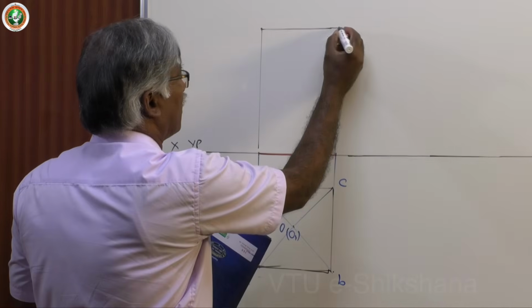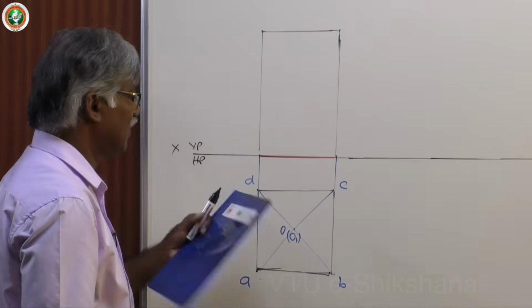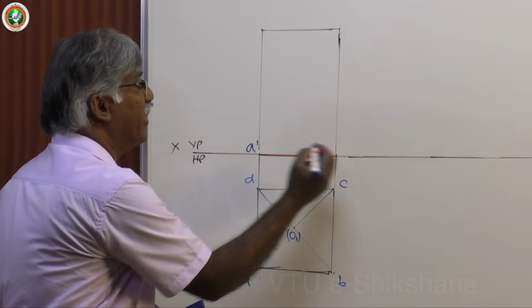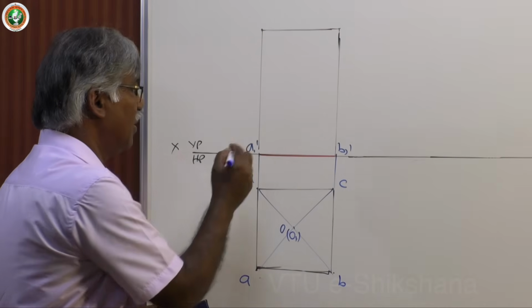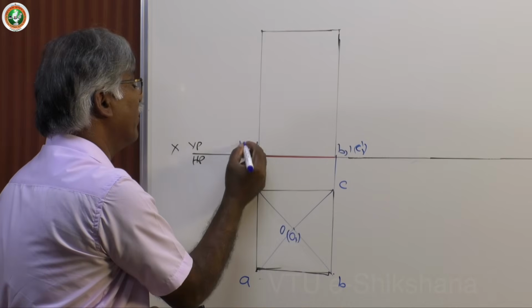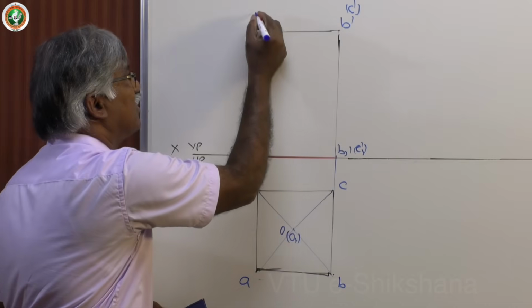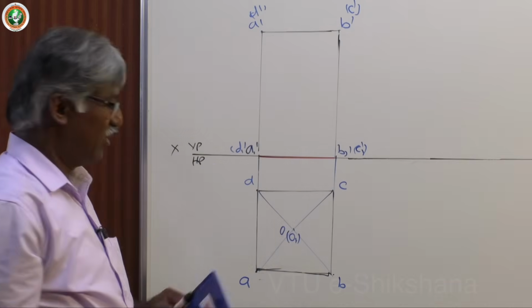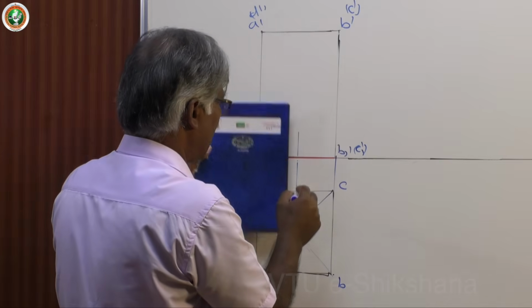Now name these points: A1 dash, B1 dash, C1 dash, and so on. Assume that A1, B1, C1 are available. Then A dash, B dash, C dash, D dash, as usual. Then project this axis with the convention available.